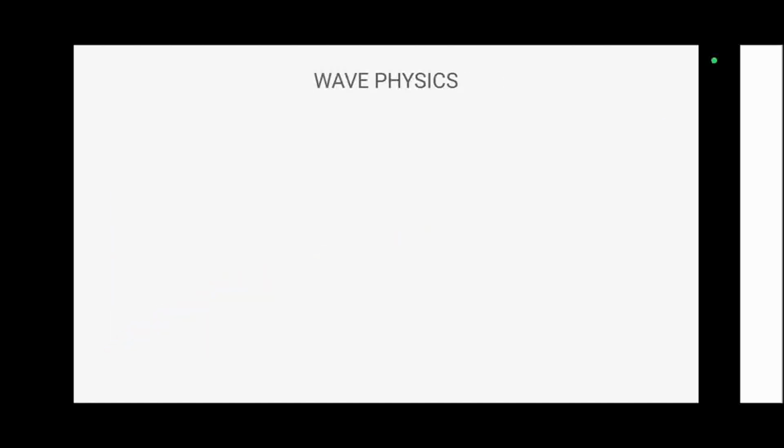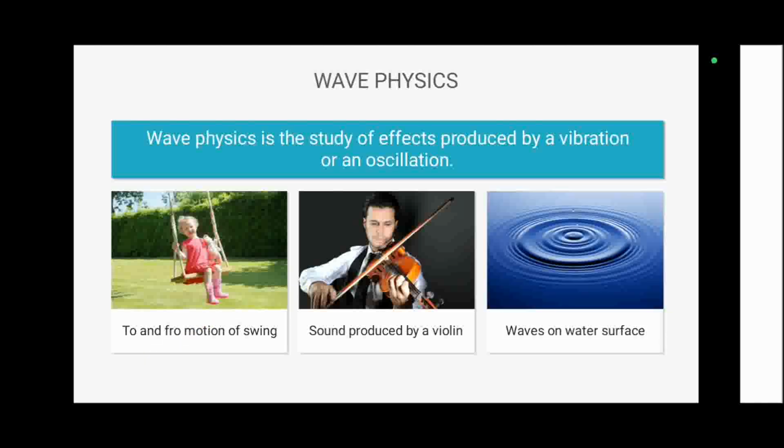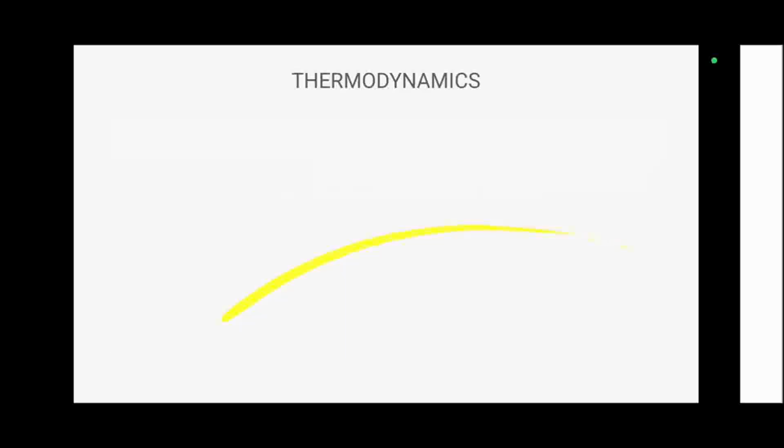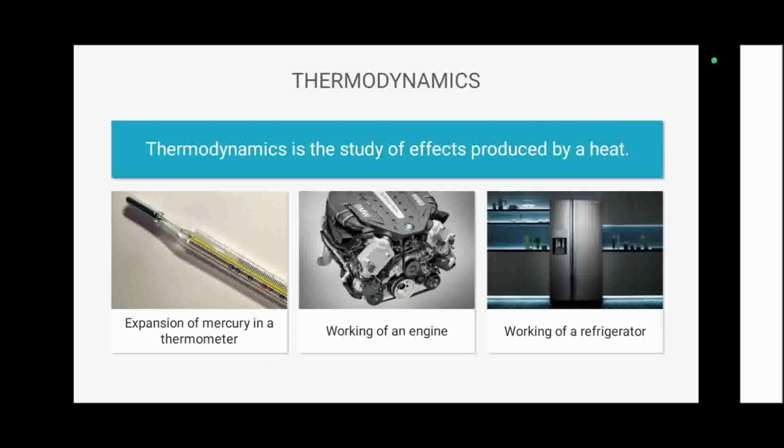And then wave physics. Wave physics is the moving disturbance or vibration of energy from point to point. For example, waves on a water surface. And then thermodynamics. Thermodynamics is the study of the effect produced by heat, for example, working of an engine, working of a refrigerator.